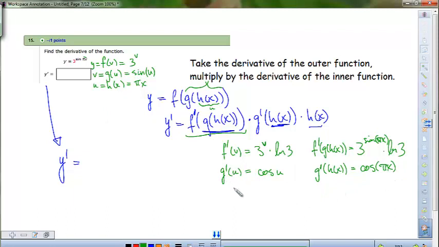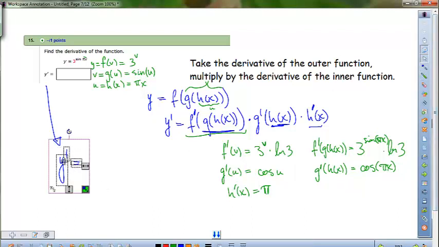Our third layer, u, which is h, is just pi x, so the derivative of pi x is just pi. Pi is a constant, imagine that's like 3. Derivative of 3x is 3. So here, oops, I forgot to put this prime here. Make sure there's a prime there. So this last bit over here is just h prime of x, and we don't need to include anything else in there. Alright, let's just finish off this problem.